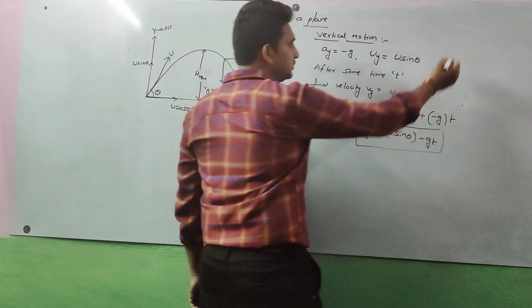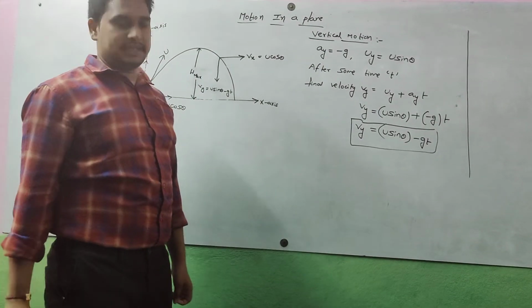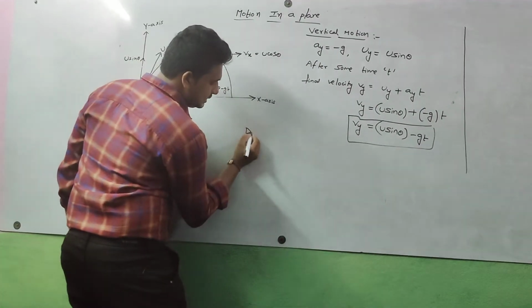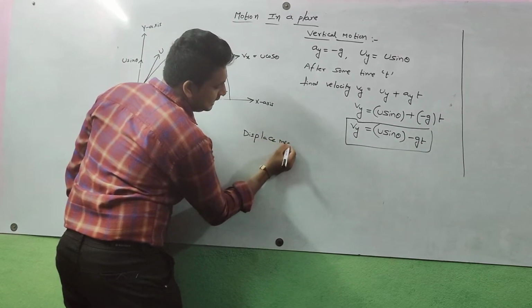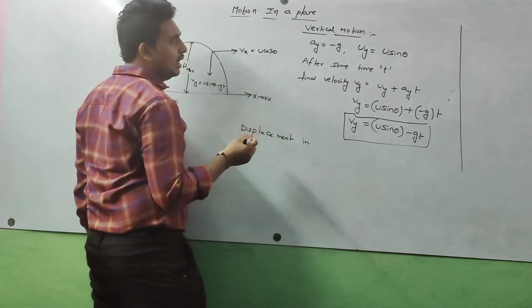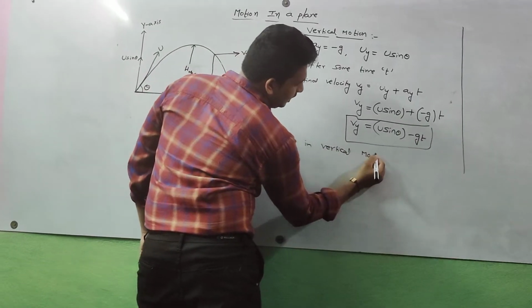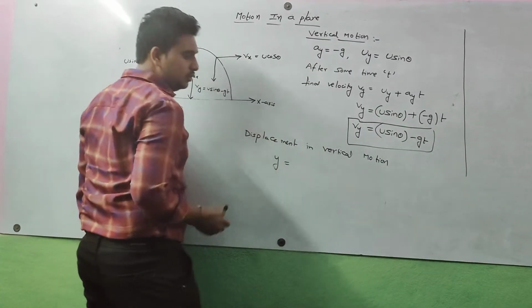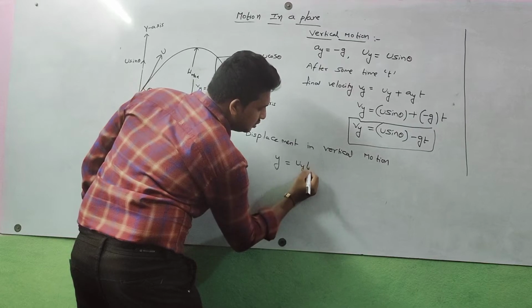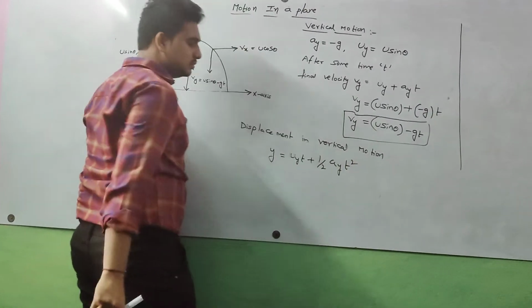Next, distance traveled in y direction. Distance, otherwise we take displacement in vertical motion, is indicated by y. Y is equal to the formula uy into t plus half ay into t square.